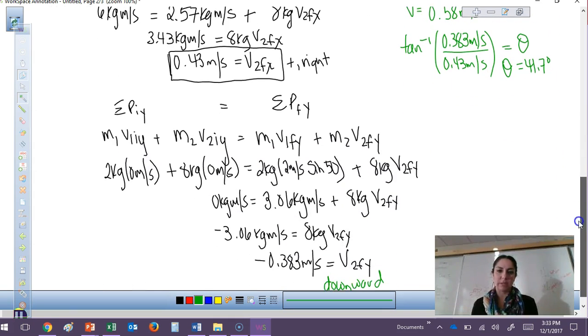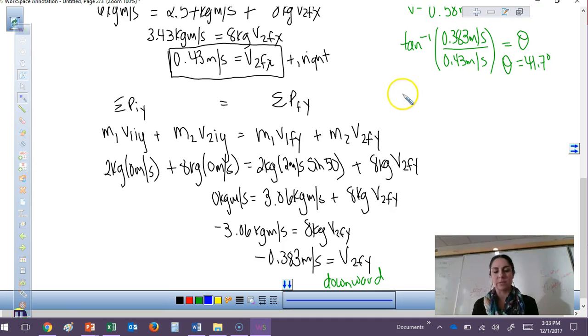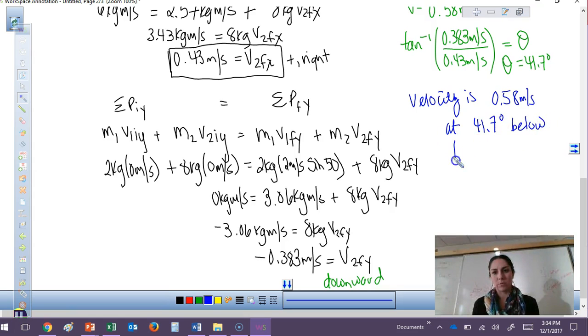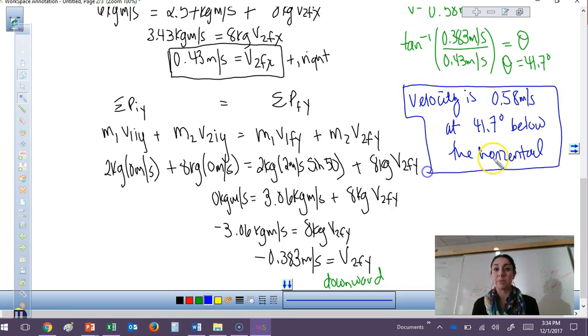So, as always, a really good answer is a complete answer, so the final answer would be the velocity is 0.58 meters per second at 41.7 degrees below the horizontal. That would be the official answer to this question, because we have the information about the velocity and information about the angle. I hope you found this helpful.